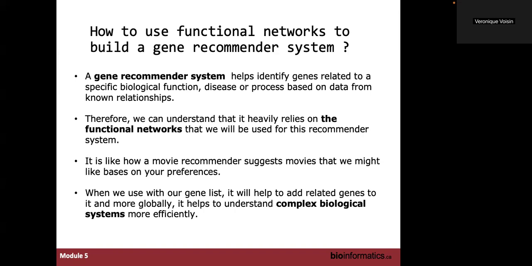It's like how a movie recommender suggests movies that we might like based on our preferences, and when we use it with our gene list, it will help to add related genes to it. And more globally, it helps to understand complex biological systems more efficiently.